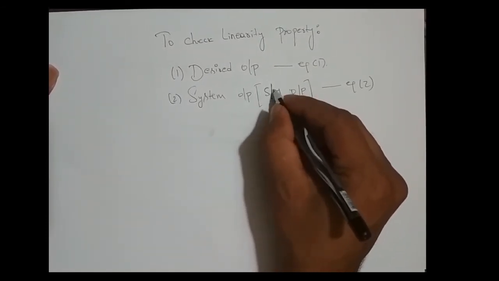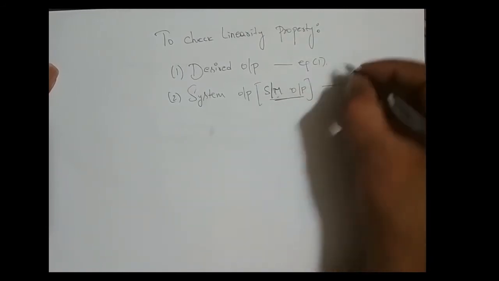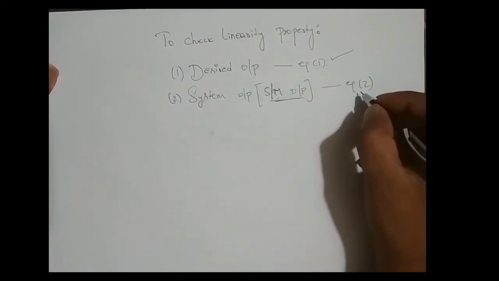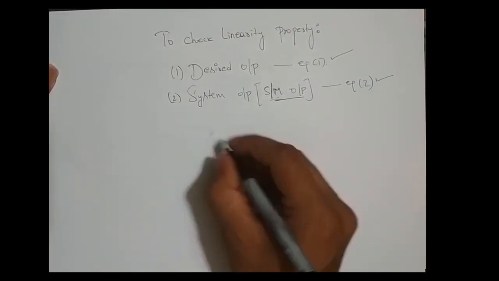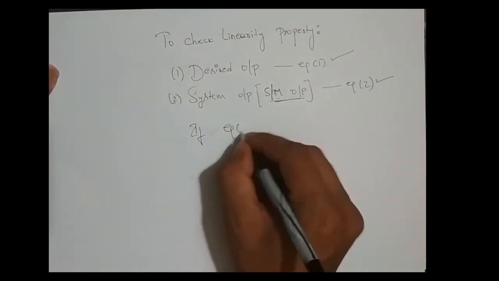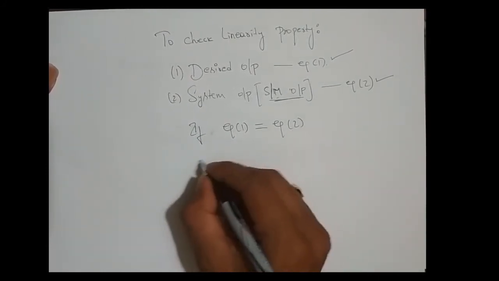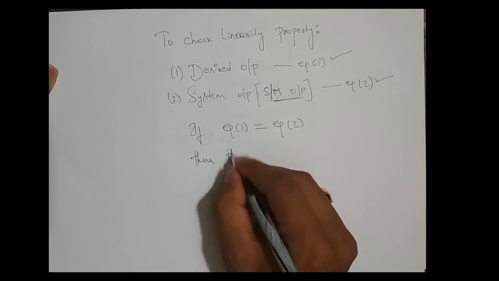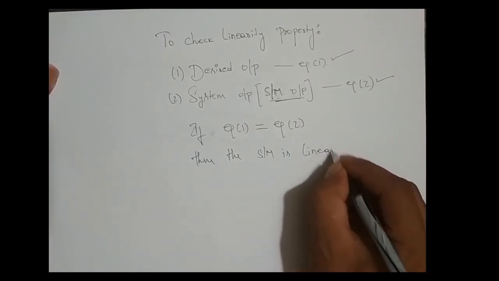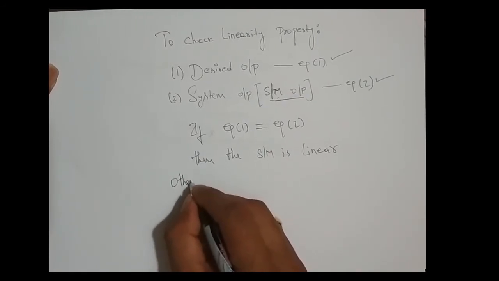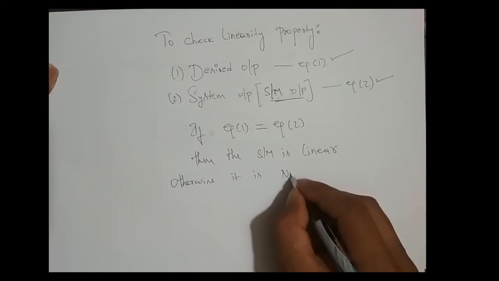When I write S/M, it is actually a system. If equation 1, that is the desired output, is equal to equation 2, that is the system output, then the system is linear. Otherwise it is non-linear.